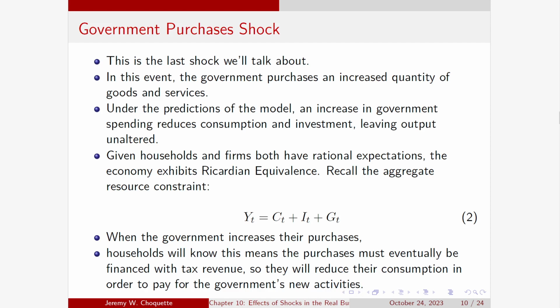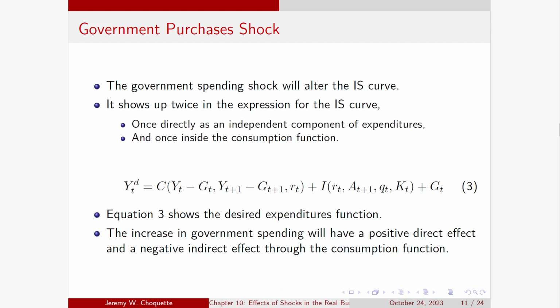But you're going to be paying for that at some point with higher taxes. If it's financed via deficit today, it's got to be paid back at some point, which means the government's going to have to tax more. So a little bit of a trick there, but whatever. So what happens is you see a reduction in consumption to cover for the government's new spending.